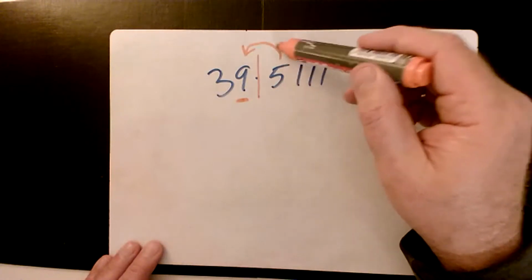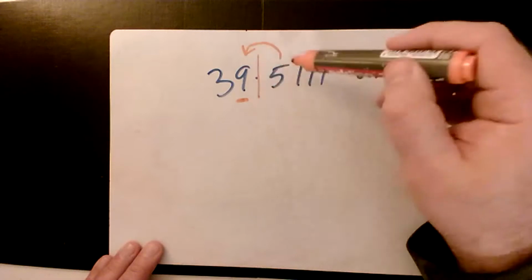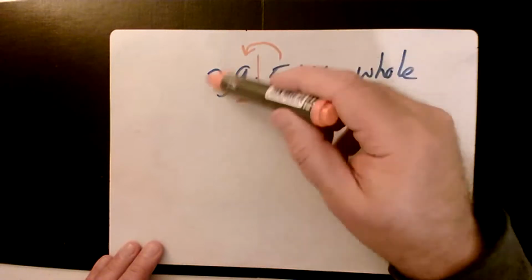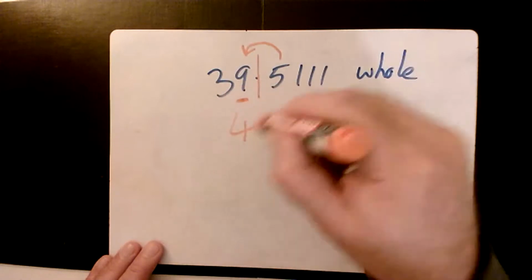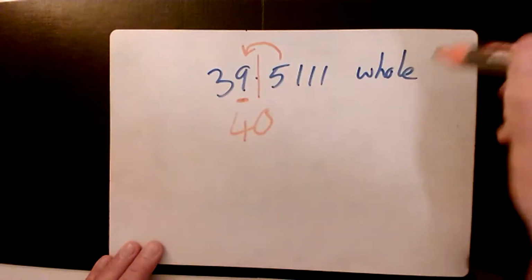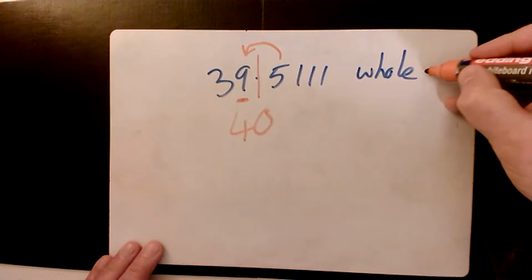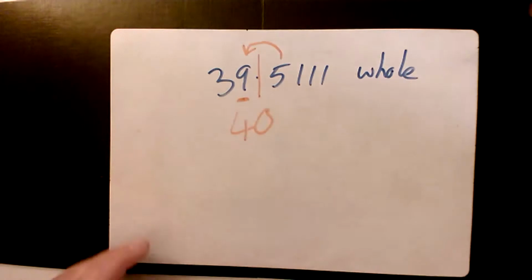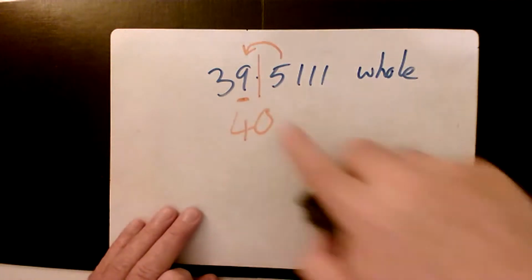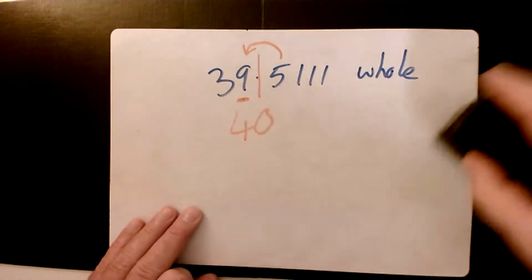So clearly this 5 will affect that 9, because it's 5 and above, and I just think of this as a 39, so the answer to this is 40. Because I'm rounding to the nearest whole number, I don't put a decimal point in, and I do not put any zeros, so the answer to that one is 40, to the nearest whole number.